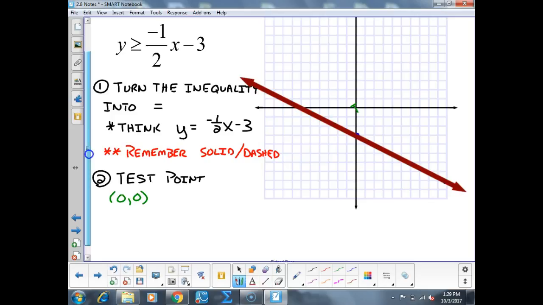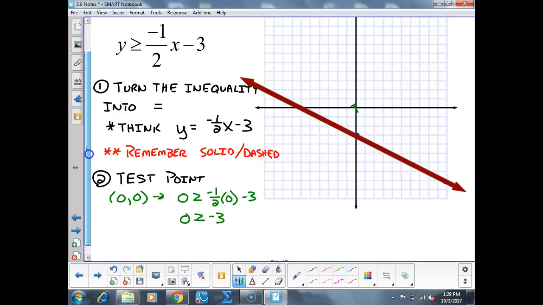Okay? So if I put in the origin, that's going to be 0 is greater than or equal to negative 1/2 times 0 minus 3. So that's going to be 0 is greater than or equal to negative 3. Is that a true or a false statement?